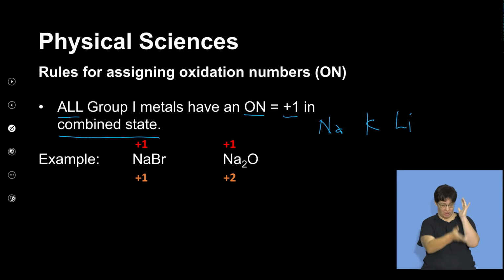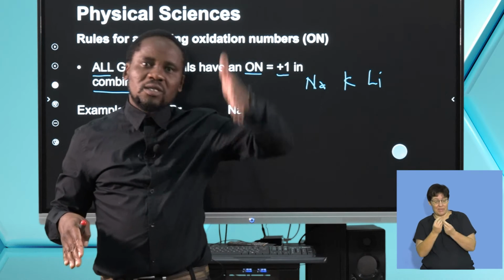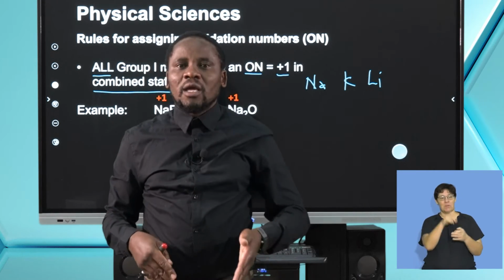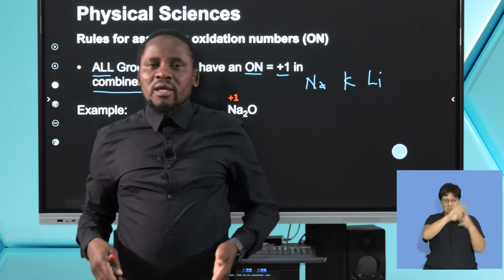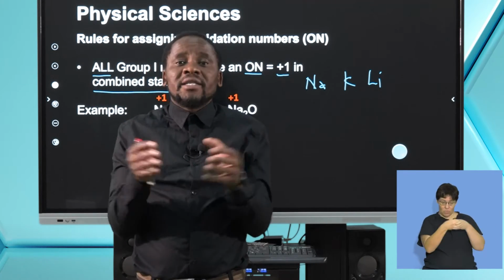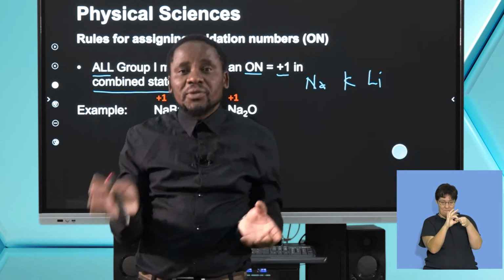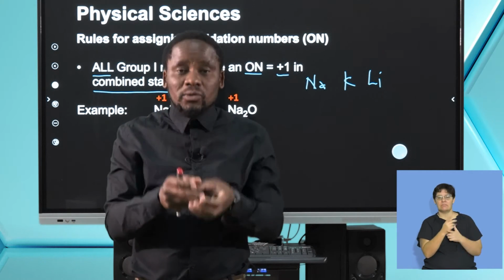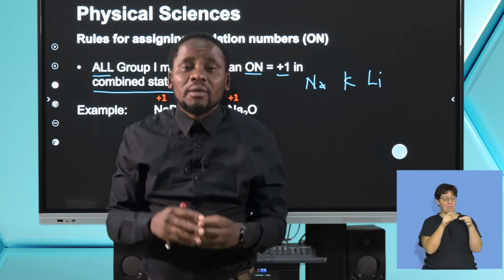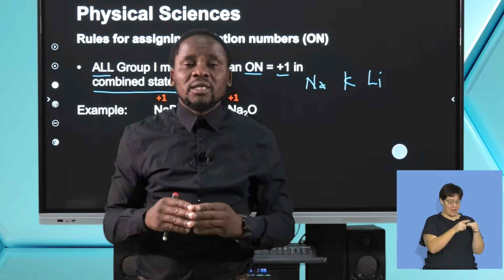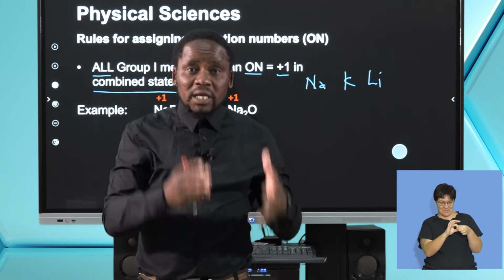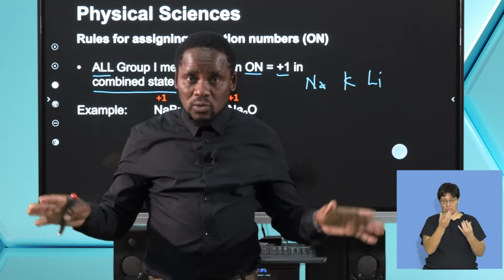The groups of elements are these vertical columns. So elements within group 1, all of them in their combined state, when they're in compounds, when they have bonded with other elements to form compounds, their oxidation number is +1.